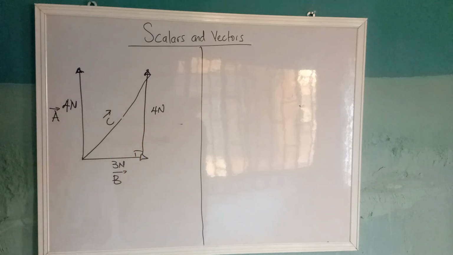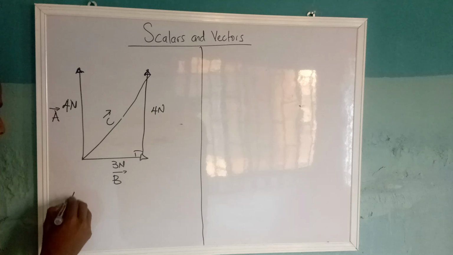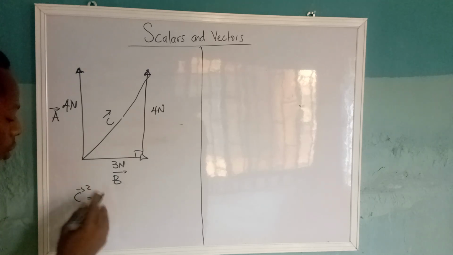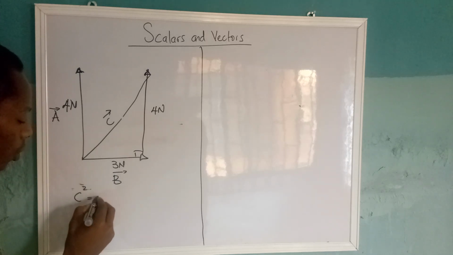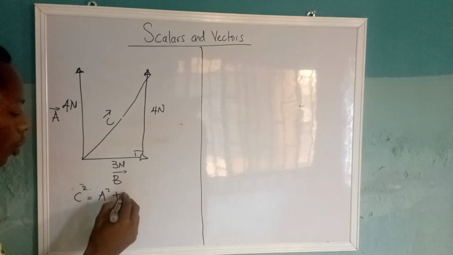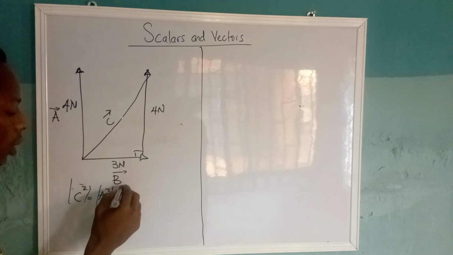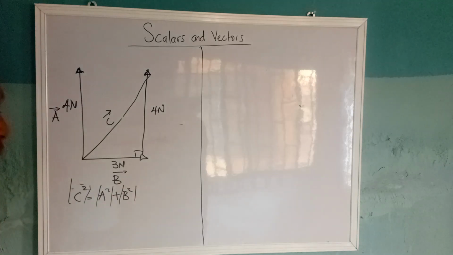We can calculate that the magnitude of our vector C is given by c square equals a square plus b square, taking the magnitude. It tells you that you are taking the magnitude of the vector, you are not considering the direction now.